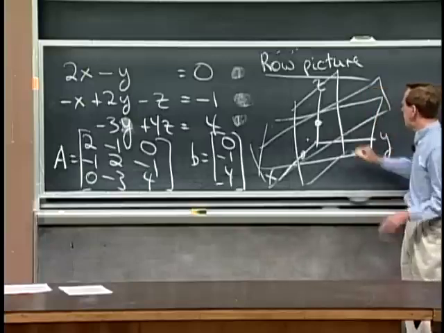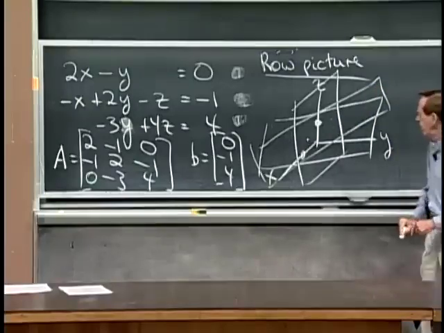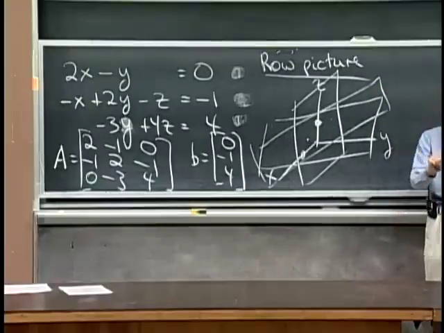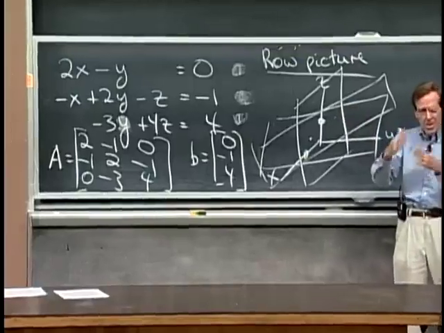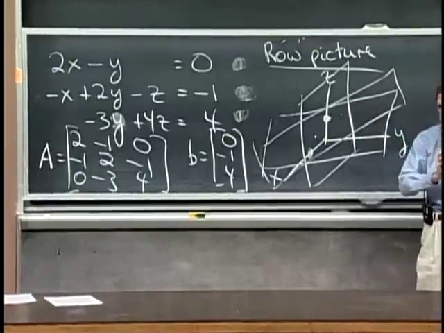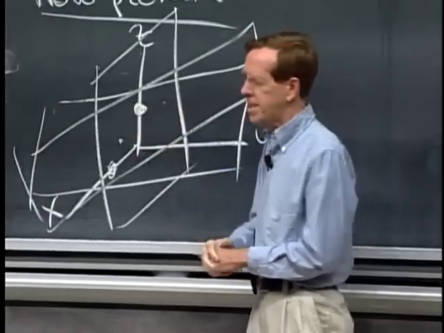Okay, those 3 things meet in a point. Now, I don't know where that point is, frankly, but linear algebra will find it. The main point is that the 3 planes, because they're not parallel, they're not special, they do meet in one point, and that's the solution.